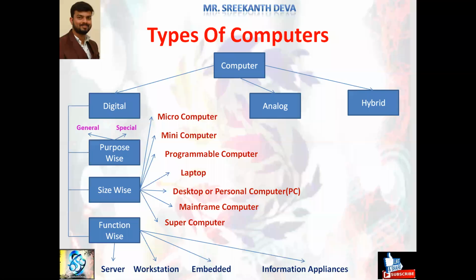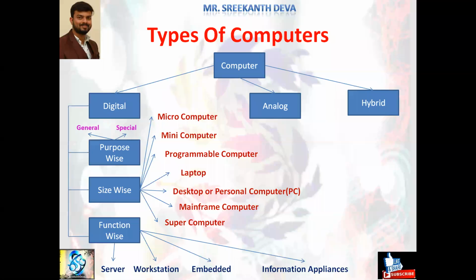So this is what we discussed in the previous session about the types of computers: digital, analog, hybrid. Purpose wise: general purpose computers and special purpose computers. Size wise: microcomputers, mini computers, programmable computers, laptop, desktop or personal computers, mainframe computers, supercomputers.